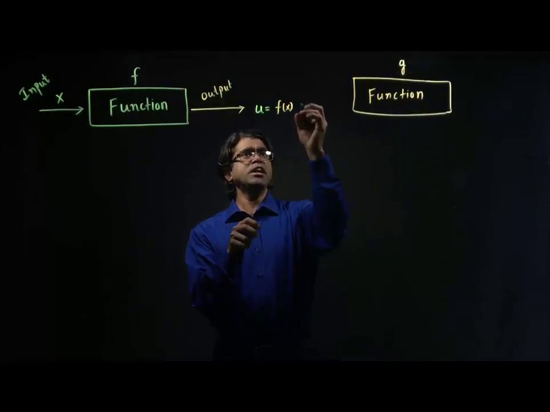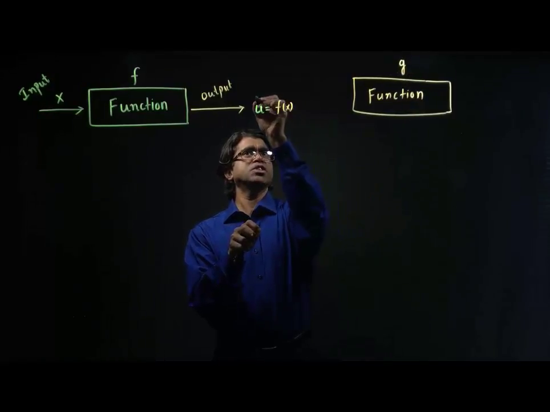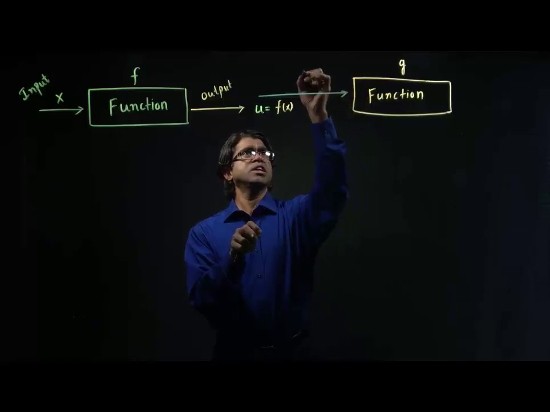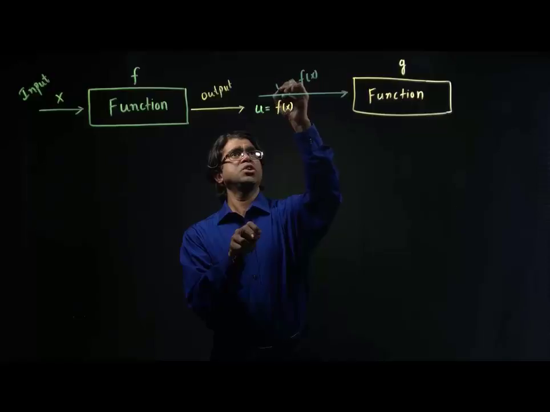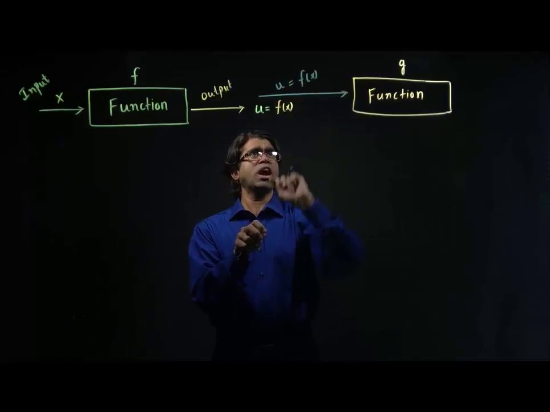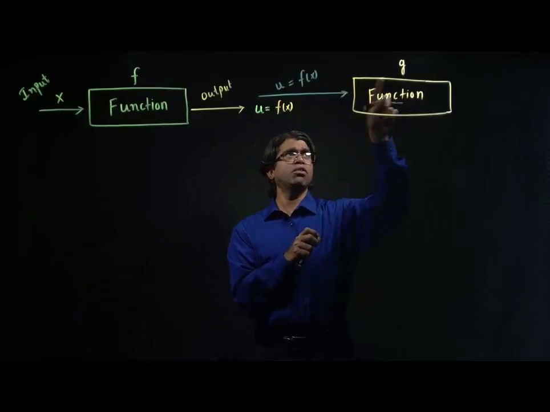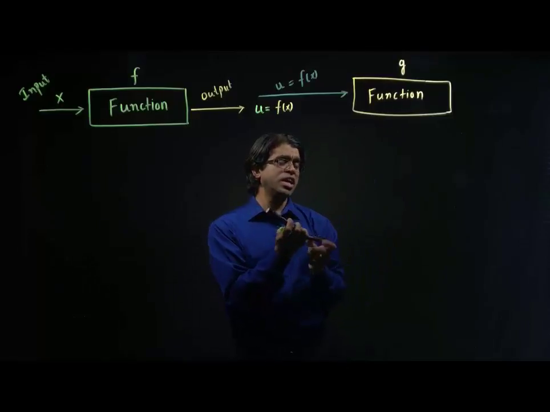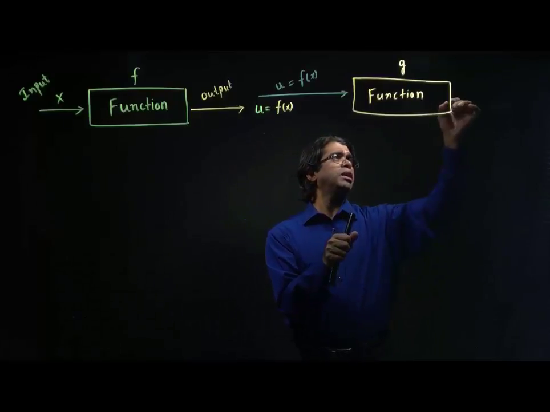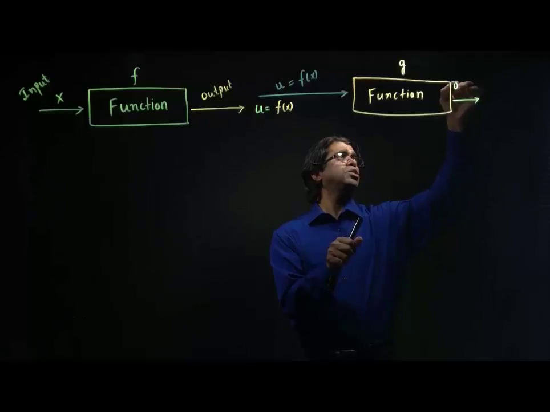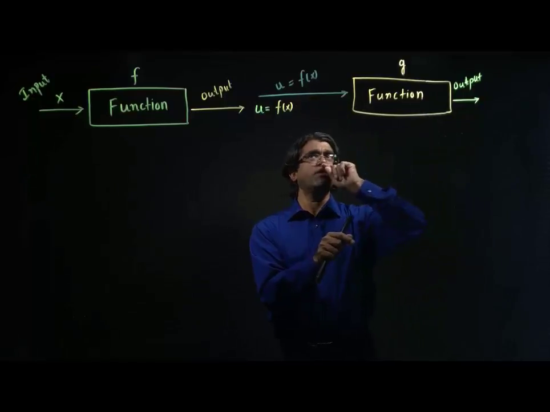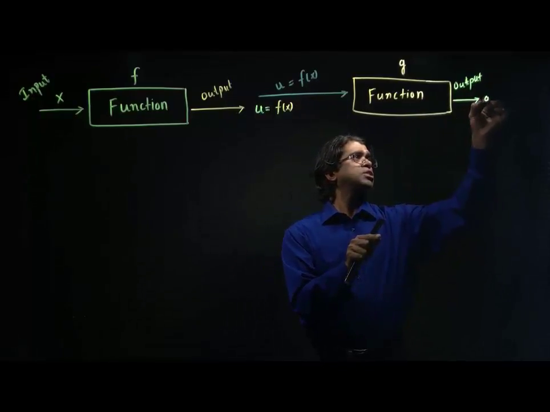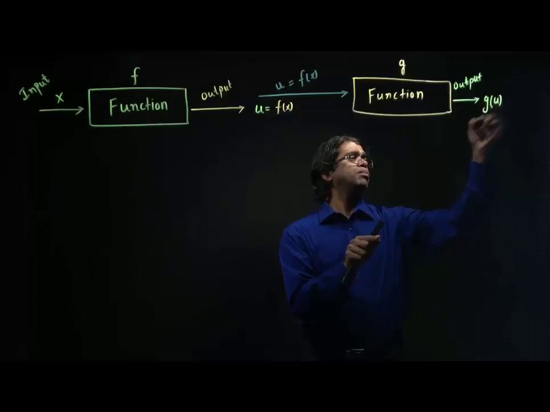If my input for this function is f(x), which is equal to u, so u is equal to f(x) is my input for function g, then my output for function g, with input u equal to f(x), will be g of u.